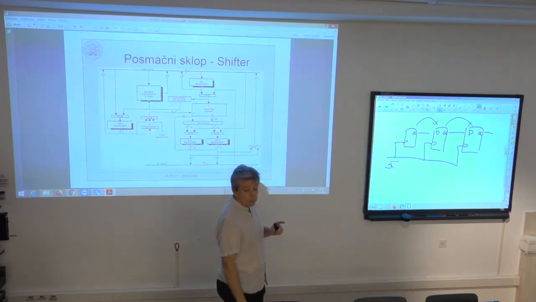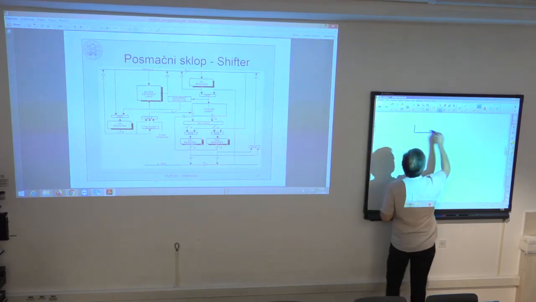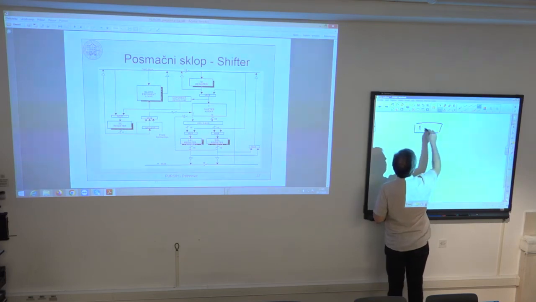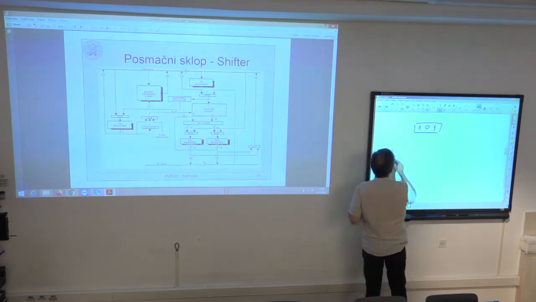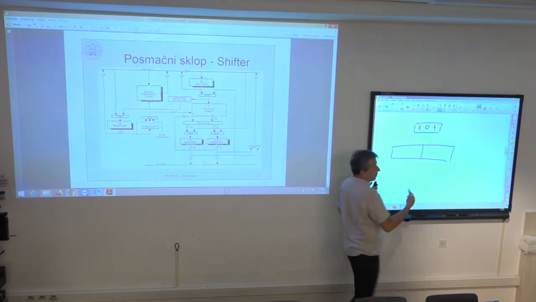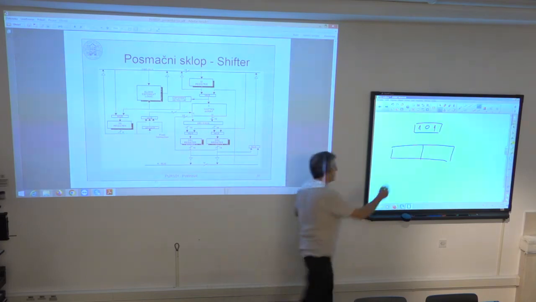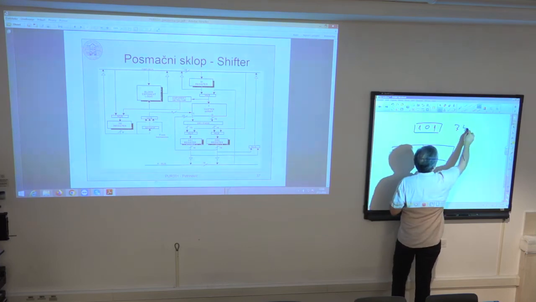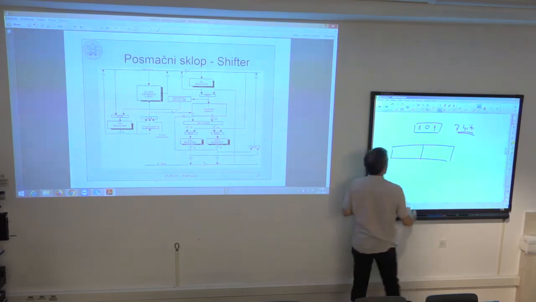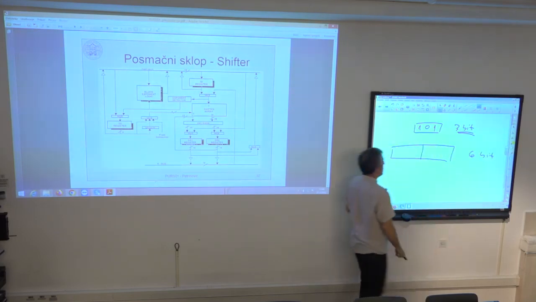In this case, this barrel shifter is implemented using multiplexers. Why so? For example, let's say that this is a 3-bit value I want to shift, 101. And the result would be a double word shifted value or whatever. So this is, for example, 3 bits, a single word value, and I have a 6-bit result register just for illustration.